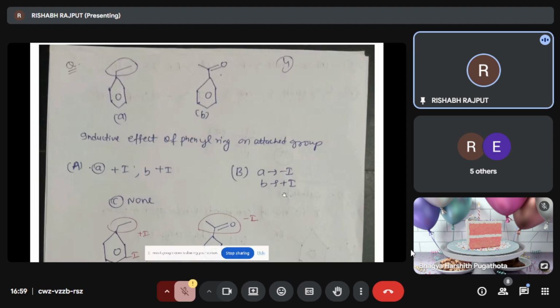The benzene carbon is sp2 while the alkyl group is sp3. So in this case the phenyl ring will show a minus I effect, because benzene has sp2 hybridization and the alkyl group has only sp3. In the other case, the carbon is connected with oxygen, so it is more I negative compared to benzene, and the phenyl becomes positive here. The benzene group is connected with carbon bonded to oxygen, which is more electronegative, so it shows plus I. This one shows minus I, which is why the phenyl becomes a plus I effect.